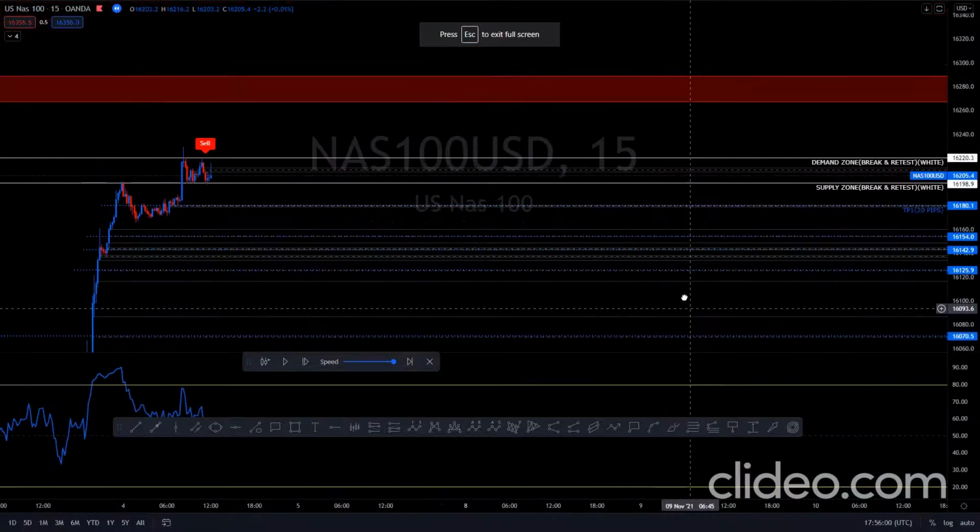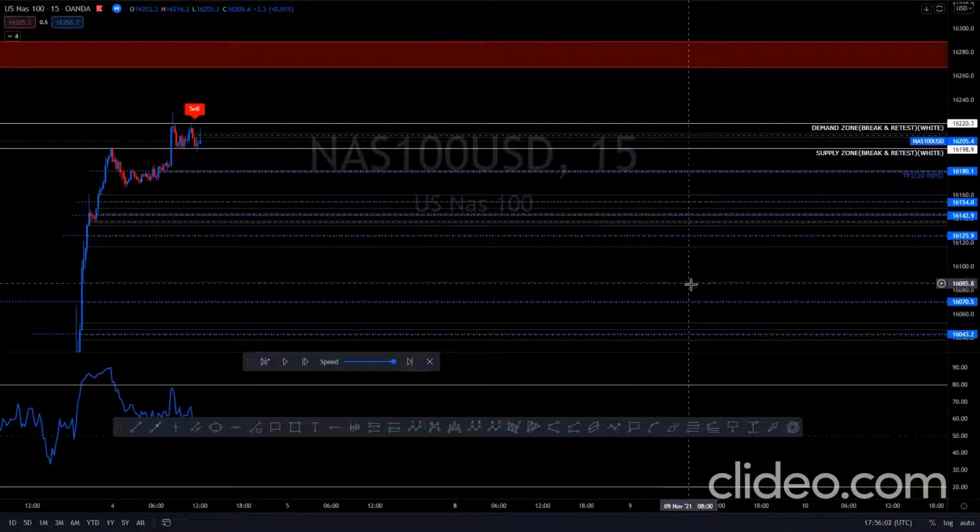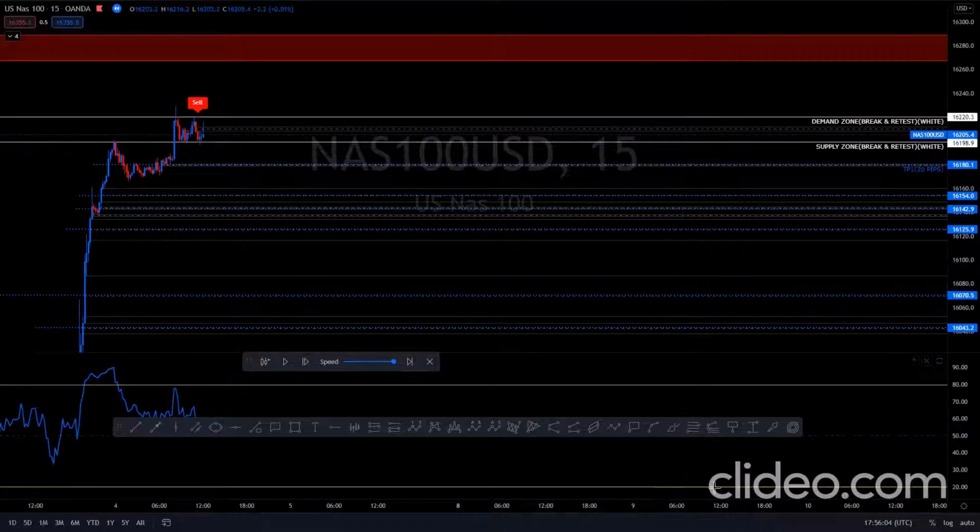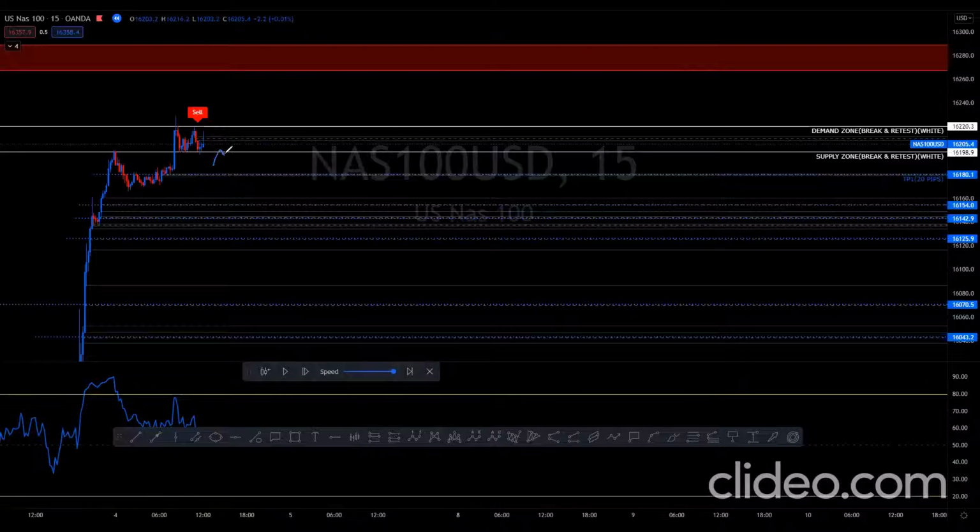basically the next thing I do is I say to myself, okay, if price breaks and retests at the bottom here, more likely they're going to fill this imbalance here and fill maybe 50 percent or most of it, and then drive price up to create an all-time high, and then eventually bring price all the way back down to fill these imbalances here.